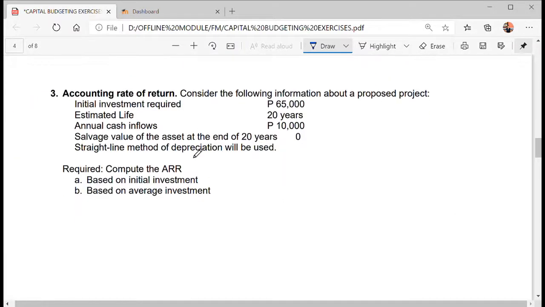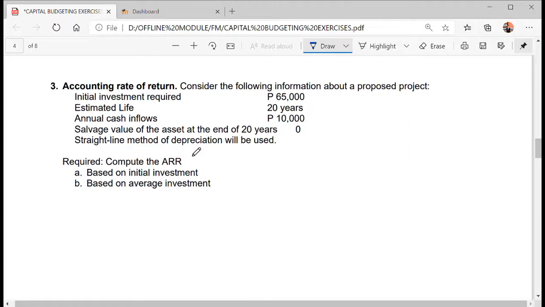Next is question number 4. Same question as the previous problem, compute the ARR but based on initial investment. So again, this is average annual net income over initial investment.